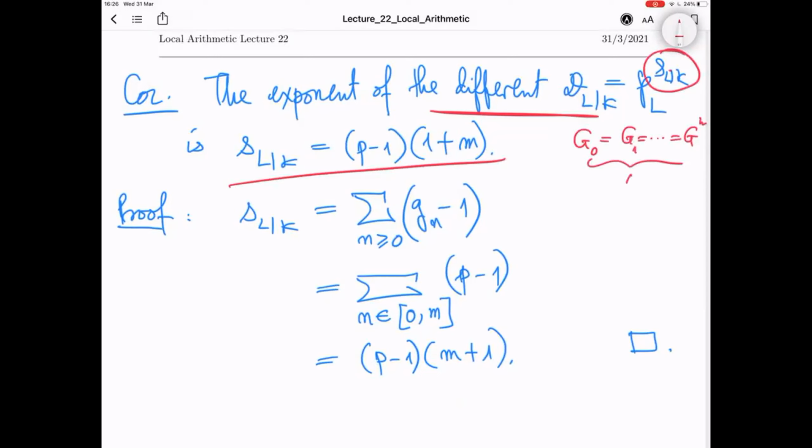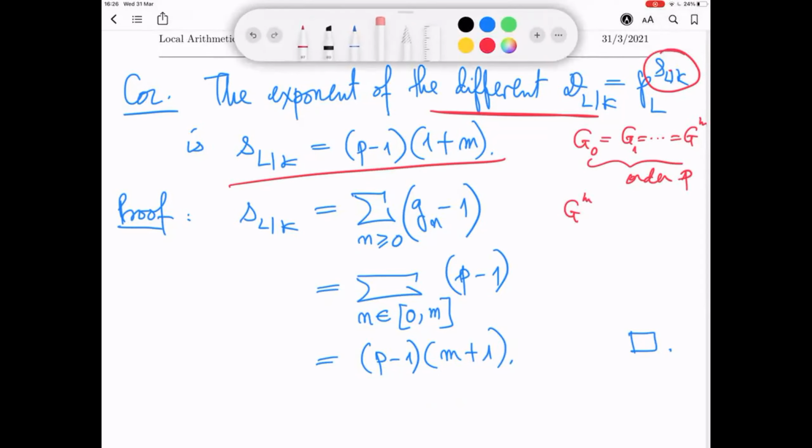These are all of order p, and G_{m+1}, G_{m+2}, etc. are all trivial.